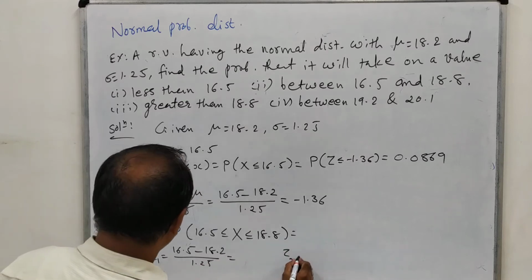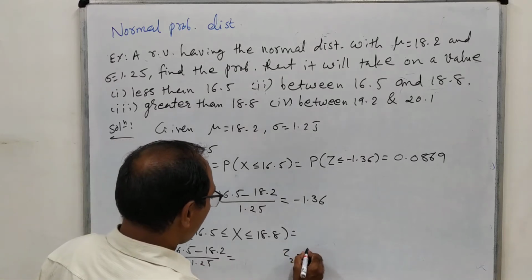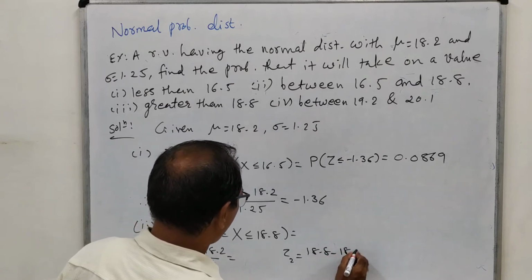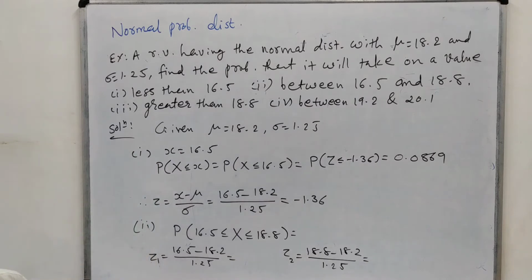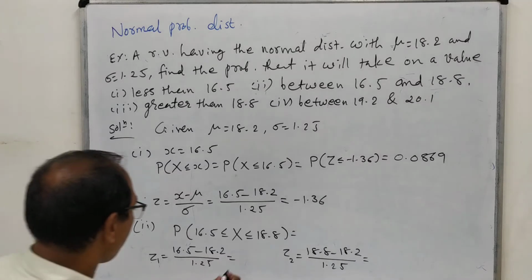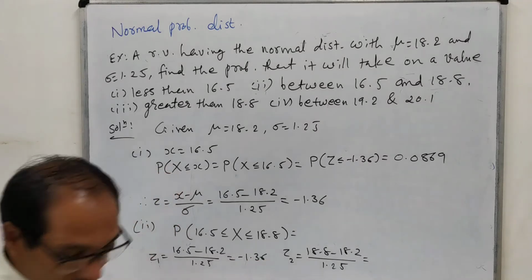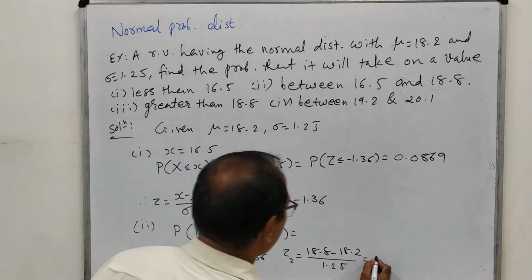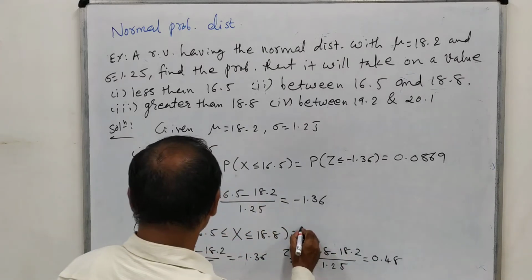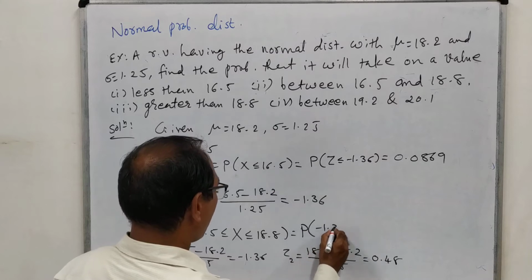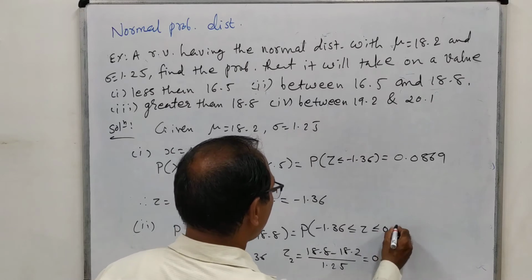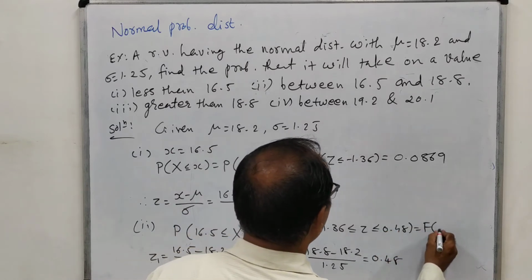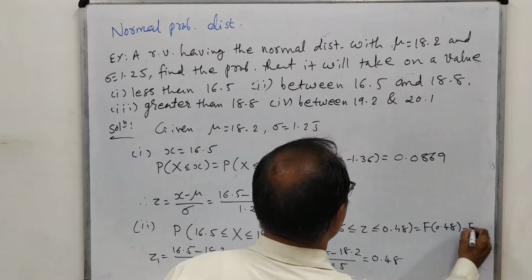And z2 we find from x2 equal to 18.8: 18.8 minus 18.2 divided by 1.25. The values we obtain are minus 1.36 and 0.48. So this is the probability of minus 1.36 less than or equal to z less than or equal to 0.48, which is F of 0.48 minus F of minus 1.36.